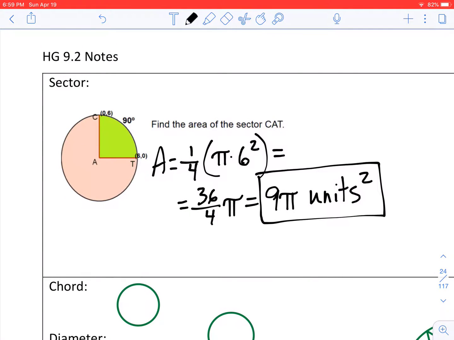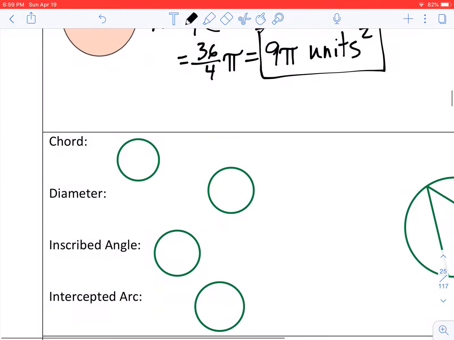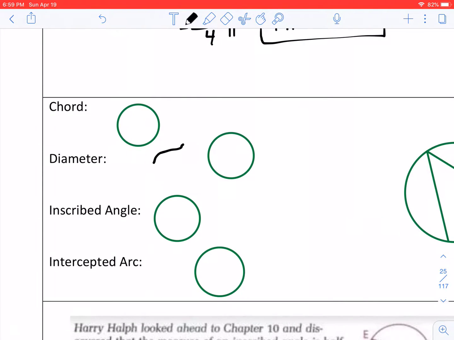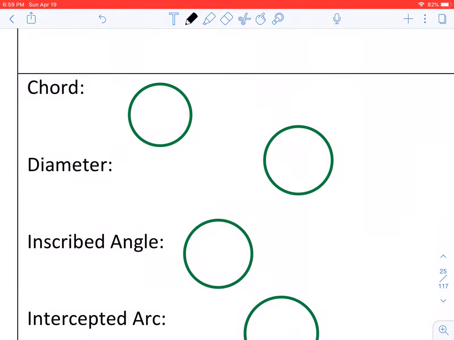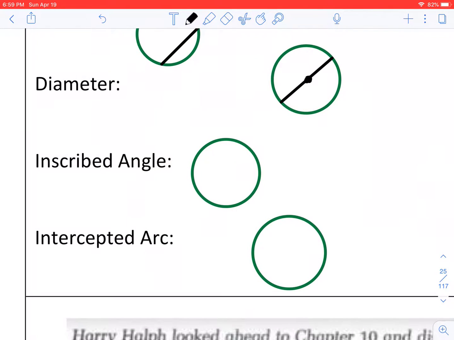And there's one last formula we have to come to, but just, again, a reminder of some terms. What is a chord in a circle? Okay, a chord is the distance between any 2 points on the circle. A diameter is a special chord in that it goes through the center. An inscribed angle is an angle whose vertex is on the circle.